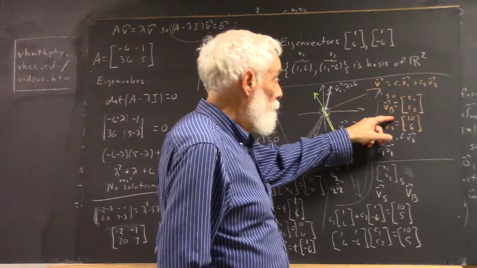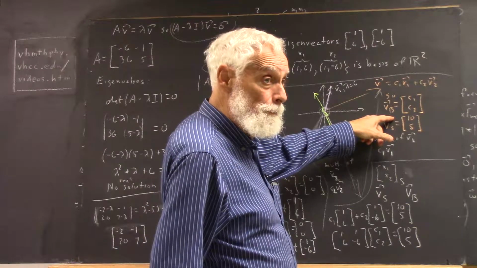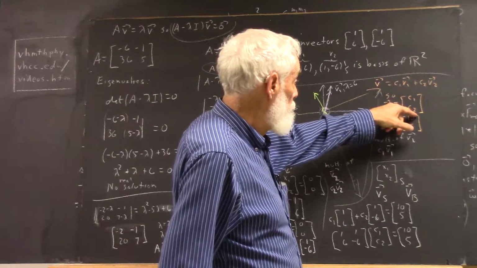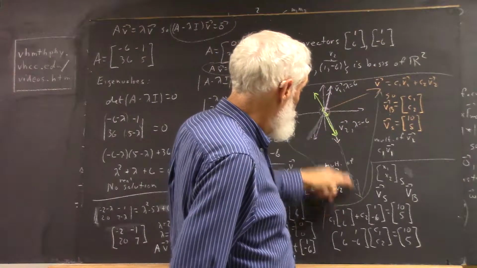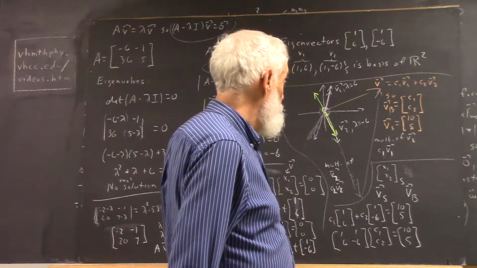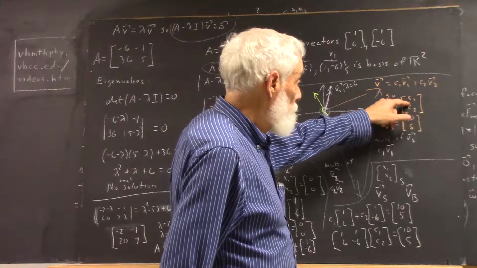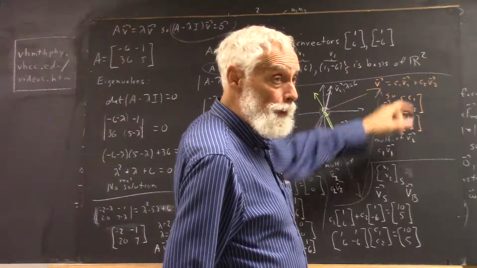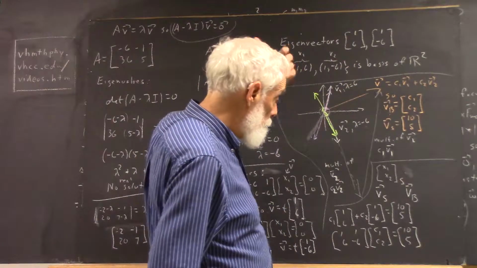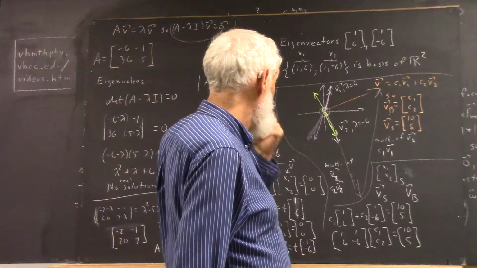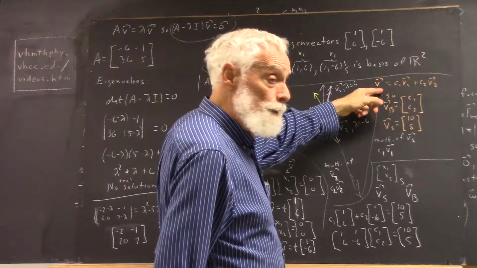The representation of our vector V with respect to B is going to be C1, C2, whatever the C1 is that we need for this vector, and whatever C2 we need for this vector. Okay? That's our representation of this vector. It's a perfectly valid representation of the vector. It tells us how far to go along V1, how far to go along V2 to get V.